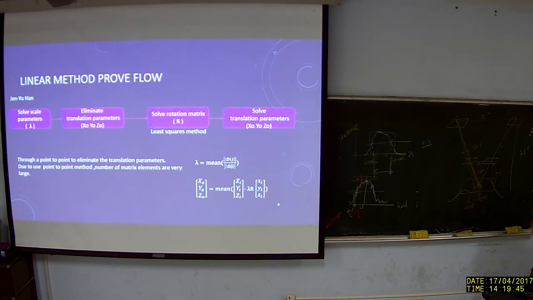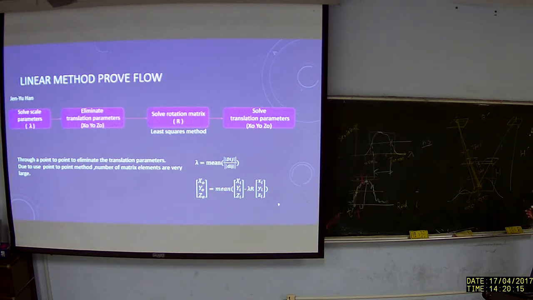And this is Han's method. He used the point-to-point method to calculate the scale parameters and eliminate the translation parameters. So we get the scale parameters, and we can solve the rotation matrix by using the least squares method.